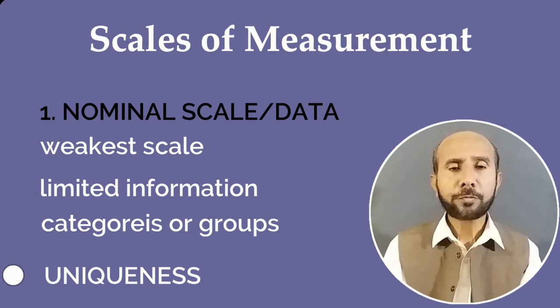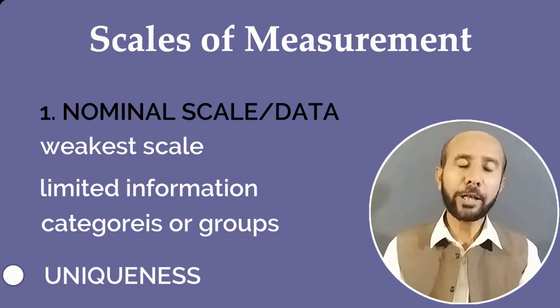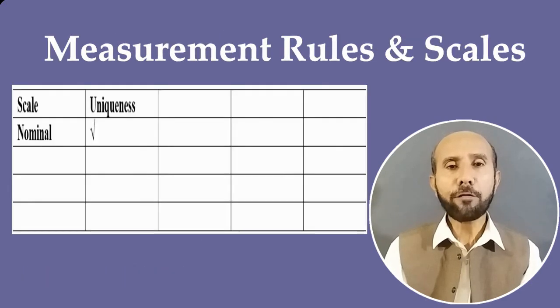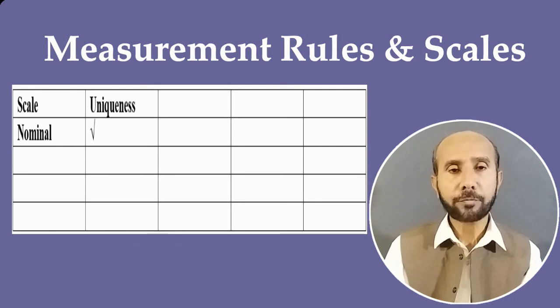For example, gender can be divided into two categories of male and female. We may label one for female and two for male. Political parties in the US, we may label one for Republican and two for Democrats. Hence, uniqueness is the major characteristic of nominal scale or nominal data.